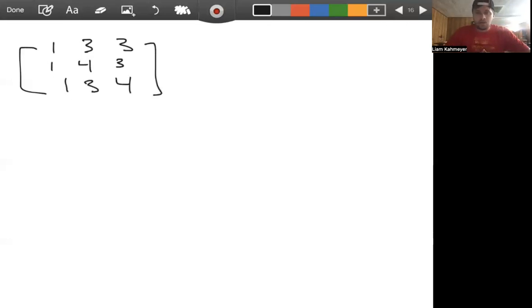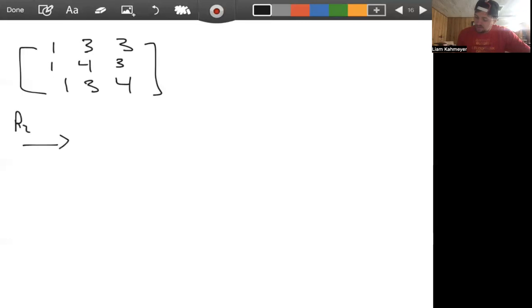The next part asks us to find the rank of A. So we want to find the rank of the matrix 1, 3, 3, 1, 4, 3, 1, 3, 4. Now, to find the rank, remember, this is the number of pivots or the number of non-zero rows in the reduced row echelon form. So let's take this to reduced row echelon form.